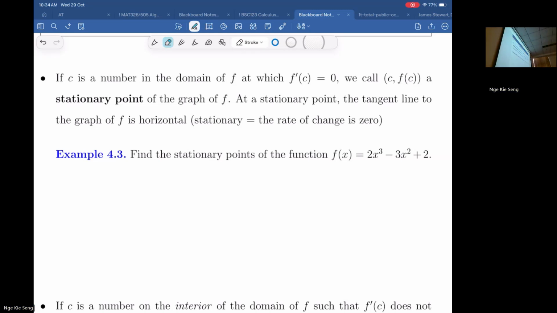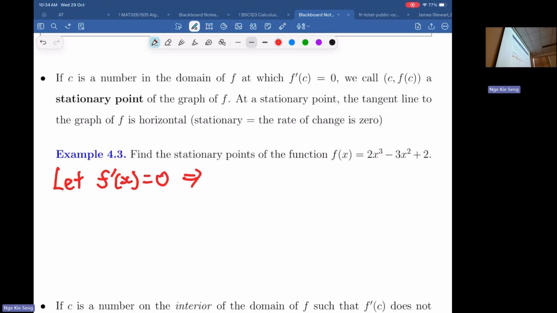I guess 4.3 is pretty straightforward, right? So let's test whether you can differentiate or not. Let f'(x) = 0. We're going to find all the stationary points that make your derivative 0. So 6x² - 6x = 0, which means 6x(x - 1) = 0.